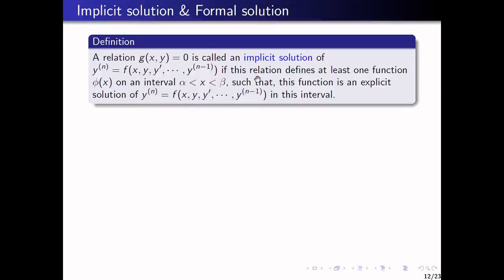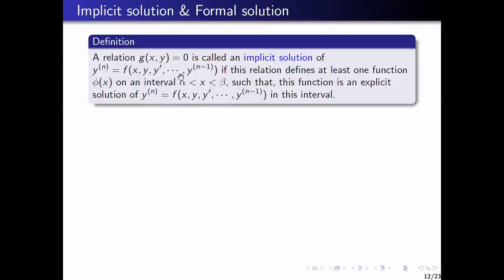This holds if this relation defines at least one function phi x on the interval where x lies between alpha and beta, such that the function phi is the explicit solution of the given differential equation in this interval.